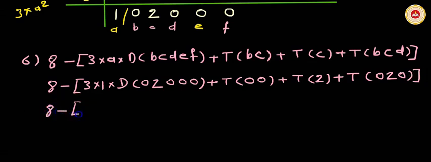Now let us solve it. 8 minus 3 ones are 3, multiplied by. Now how to calculate duplex of a 5 digit number?